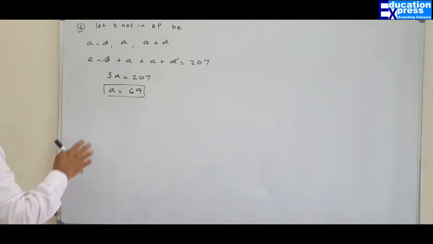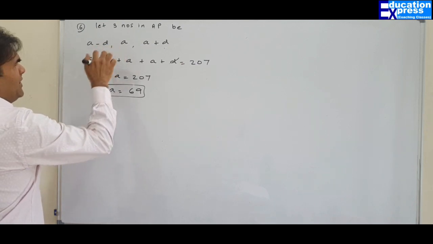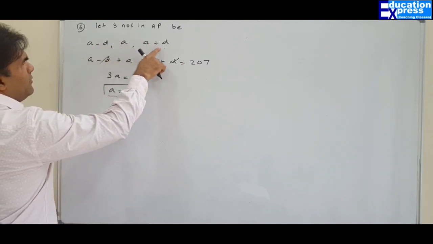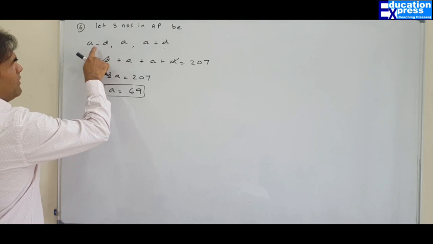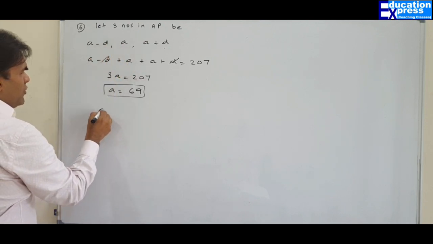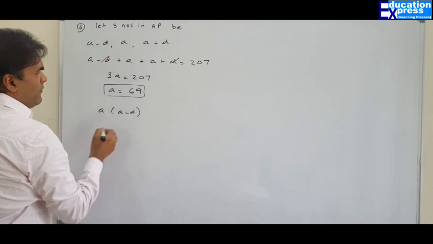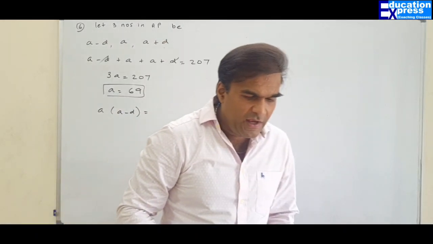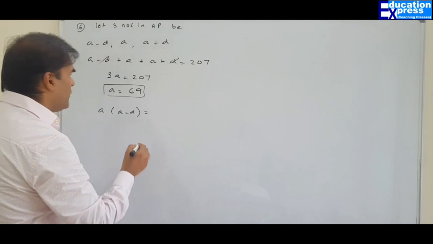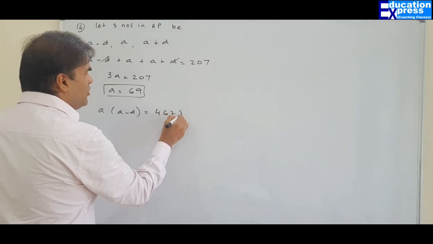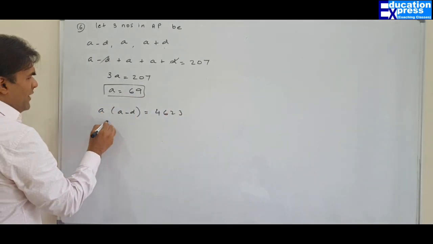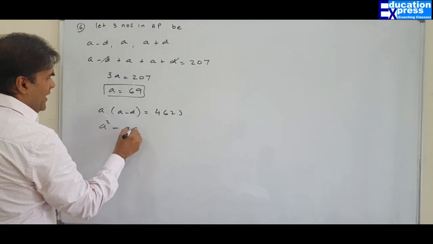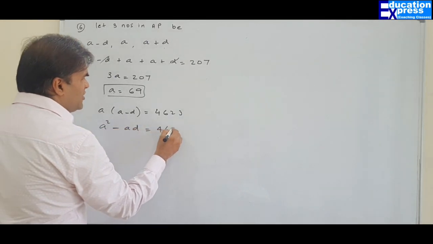Then they have mentioned that the product of the smallest 2. So the smallest 2 numbers will be A minus D and A. So A into A minus D, product of the smallest 2 is given to us as 4623. So A squared minus AD equals 4623.